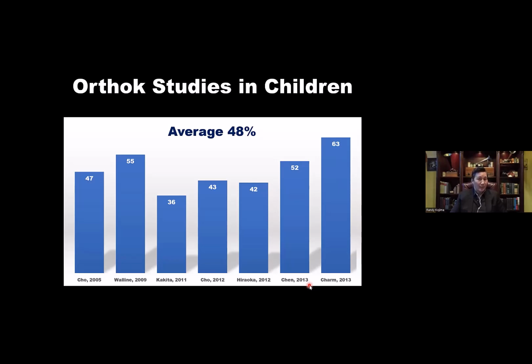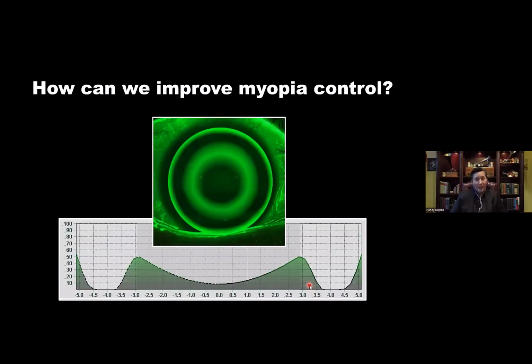Some might get 100% control of their myopic increase or shift. So we do a pretty good job. We get about 50% less eye growth, but can we do better? That's the question. And how would we modify the lens parameters to achieve better than 50%? And that's really the question that our topic we intended to address tonight.